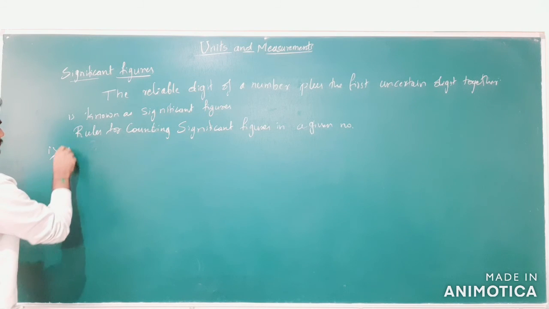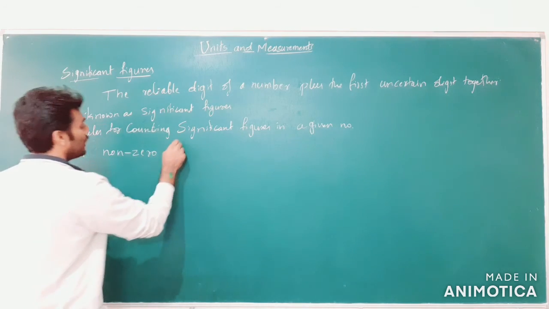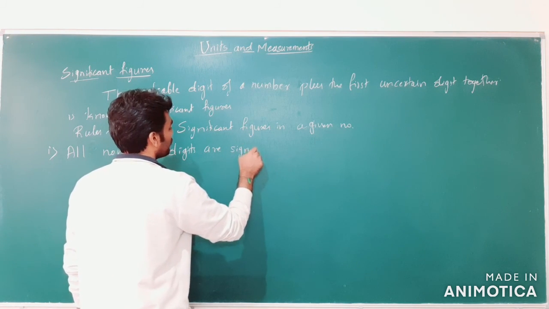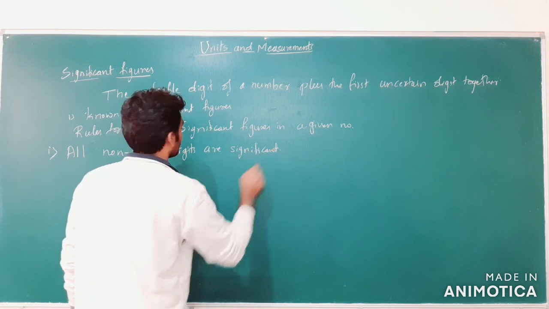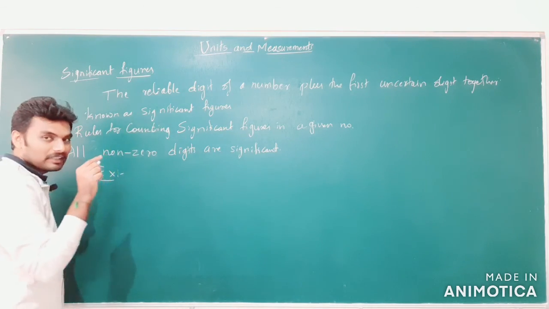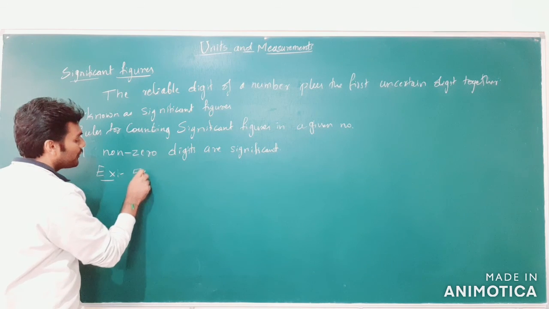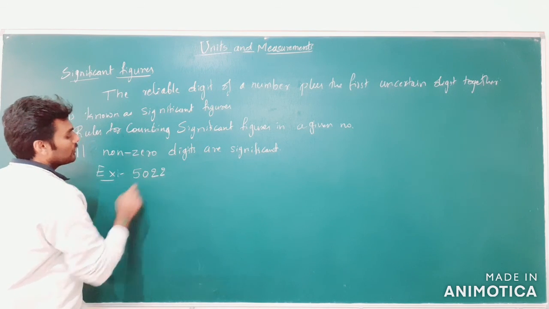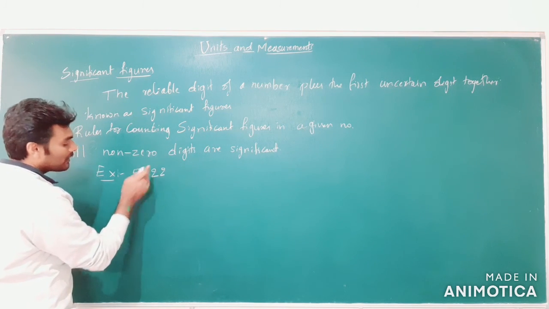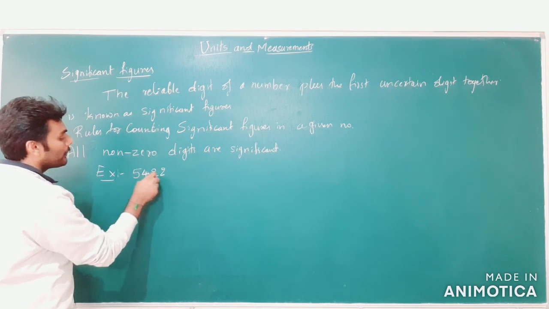The first rule is, all non-zero digits are significant. As an example, say the number is 5422.